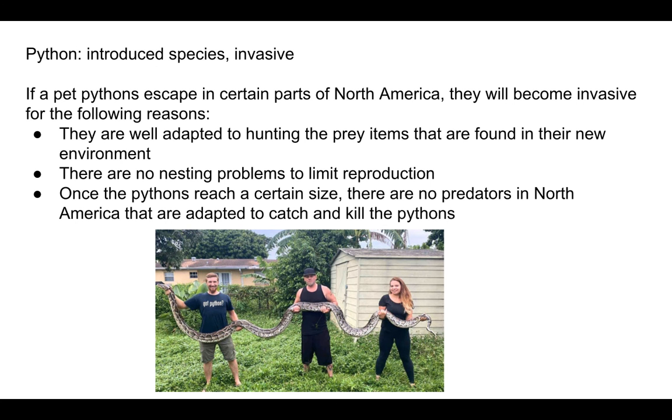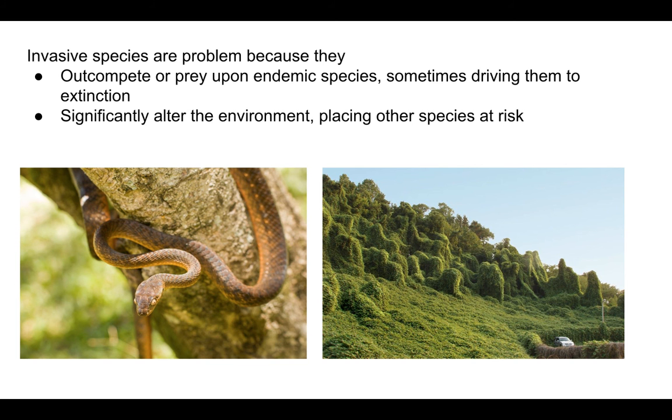And what happens is they cause a lot of problems. So here's what they do. One thing is they outcompete or prey upon endemic species. In other words, they eat all the food, so the endemic species' numbers drop or it even goes extinct, or maybe the invader preys upon them.